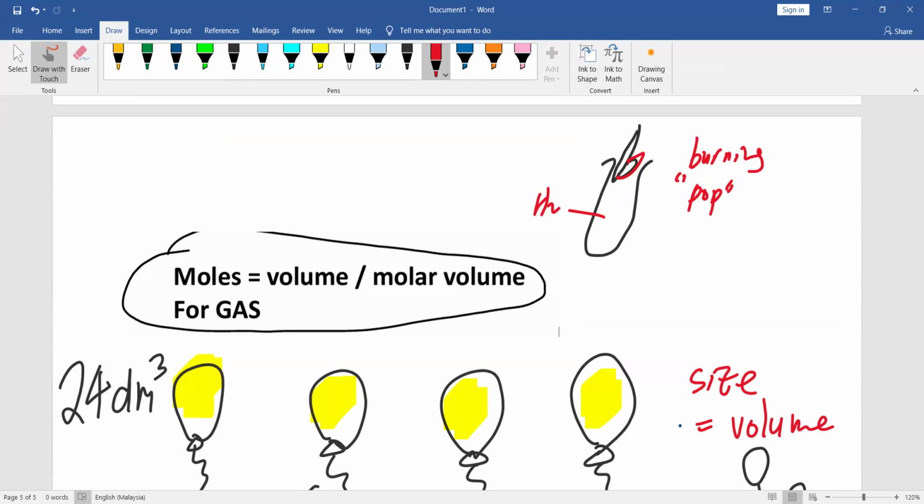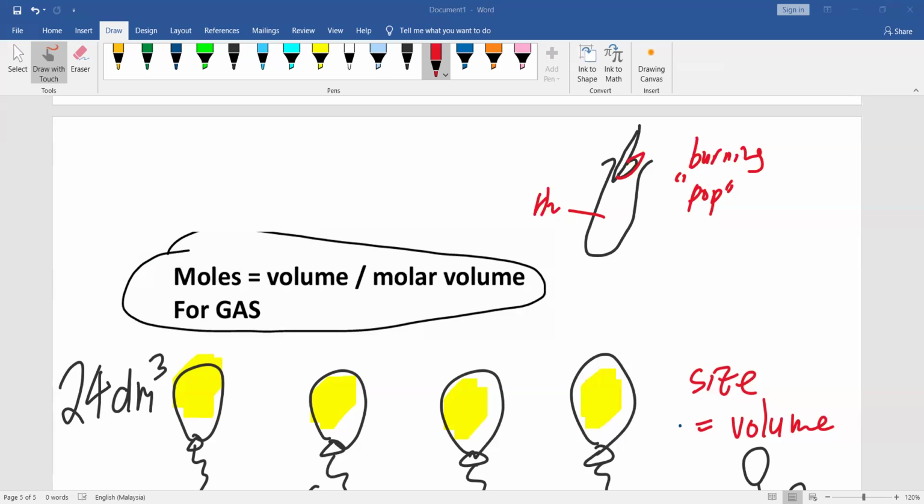Okay. Many years ago, there was this balloon that exploded. Hindenburg.